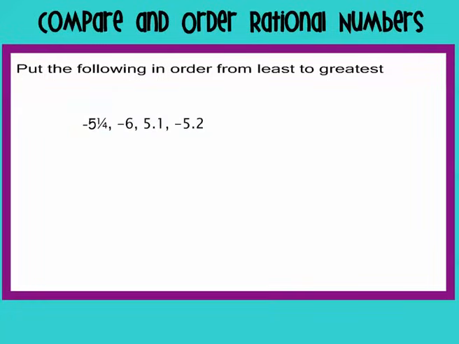All right, we have one more example here that we'll take a look at in ordering numbers from least to greatest. And we will, again, separate out the positive values first. So I see I have a positive 5 1/10. I know that's going to be my largest number in this particular case because it's the only positive value I have. So now I have negative 5 1/4, negative 6, and negative 5 2/10. I know that negative 6 is going to be farther to the left of 0 than either of the negative 5 values. So that will be my first number, my least.